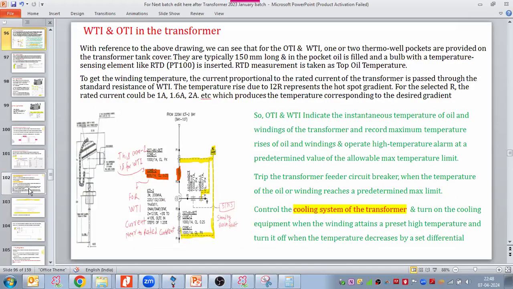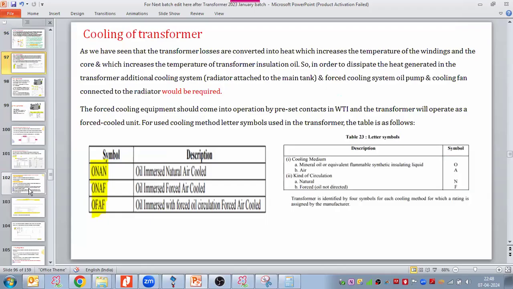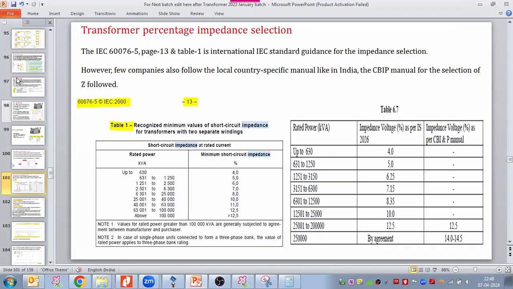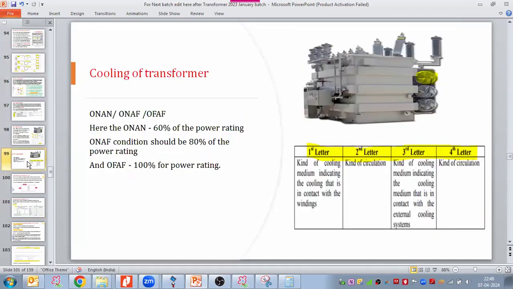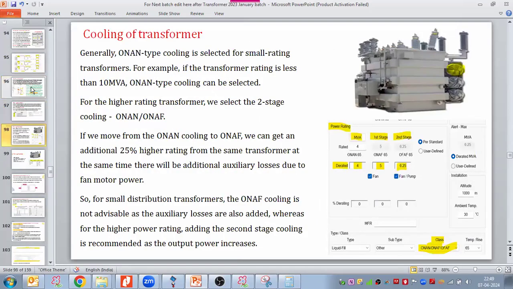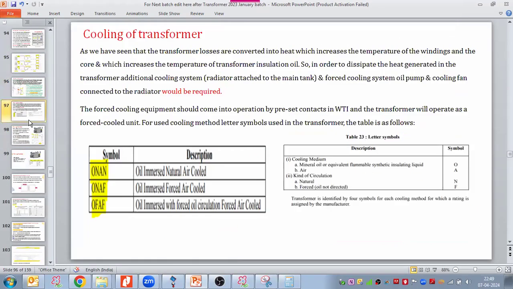We discussed the WTI, we take the CT for the WTI, and we discussed what the WTI CT rating should be. Am I clear so far about the transformer losses, ratings, deratings, and the WTI and OTI? Yes, sir.